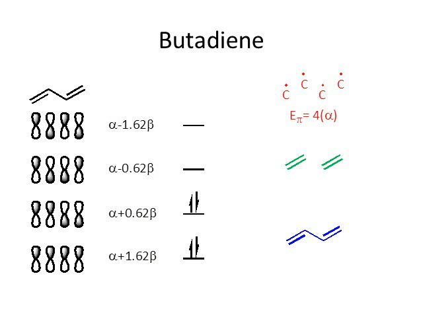4 separate carbon radicals have 1 electron each in a p orbital, for a total of 4 alpha. The pi energy is the total of the energy of all those 4 electrons. If I looked at 2 ethenes, the total pi energy is the pi energy of an ethene plus the pi energy of another ethene.